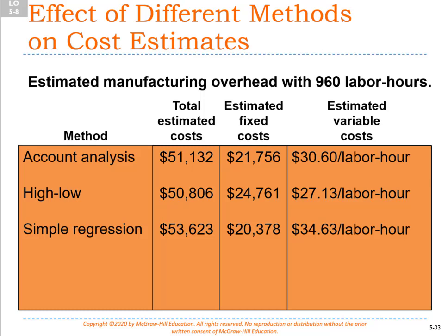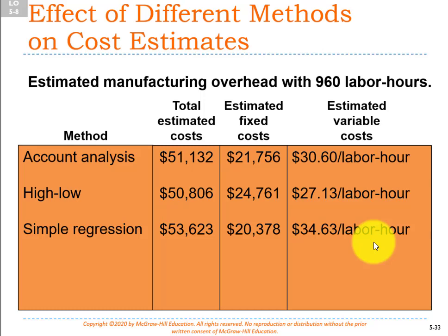Three different ways of calculating. And again, we're focused on the regression, the simple regression. That's what we're going to spend more time on. You can use multiple regression, which is using more than one variable, labor and materials both, to see if they both have an impact.